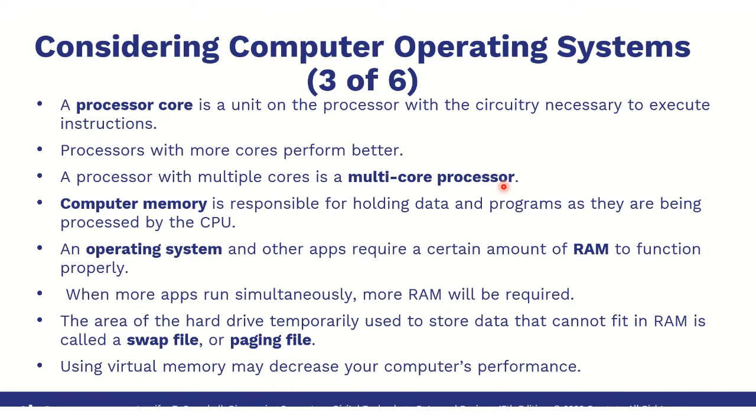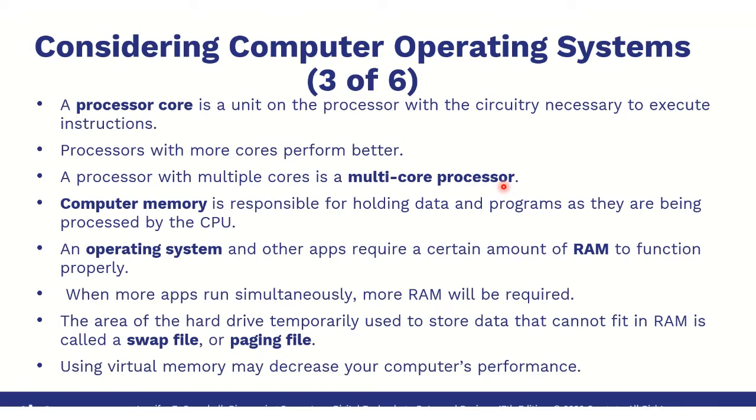So when you consider the computer operating system as we described, the processor core is very important. If you have processors with multi-core, or more than one core, that performs better, but at the same time, it may be more costly.